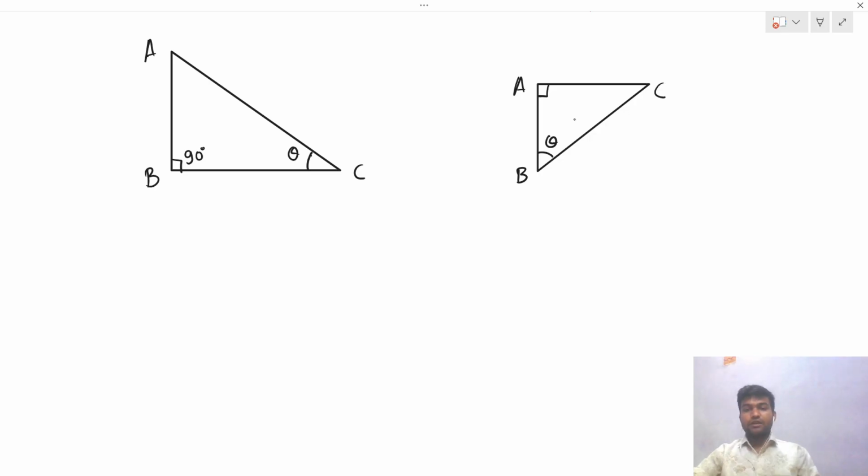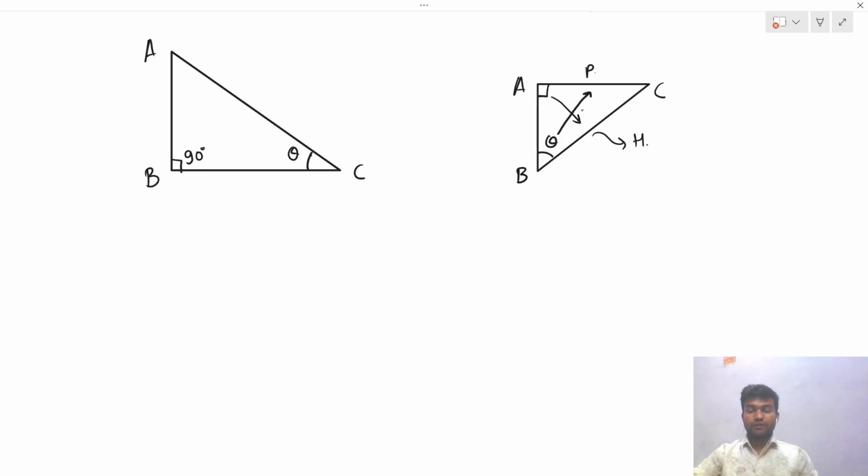If you are confused about the sides, the longest side, in front of the 90 degree angle, is always called the hypotenuse, the longest side of a right angle triangle. In this theta, the side opposite to theta is called the perpendicular. Very simple naming. Learn the concept, and don't get confused in the process.